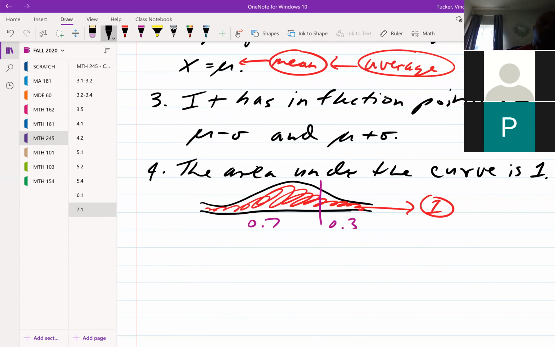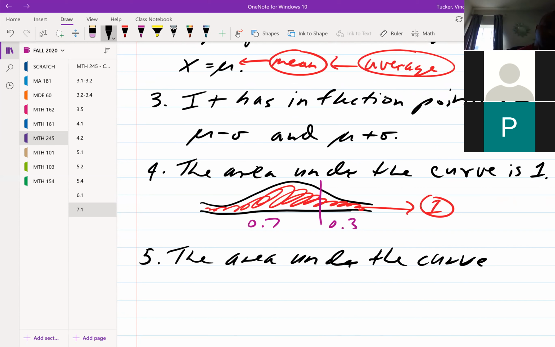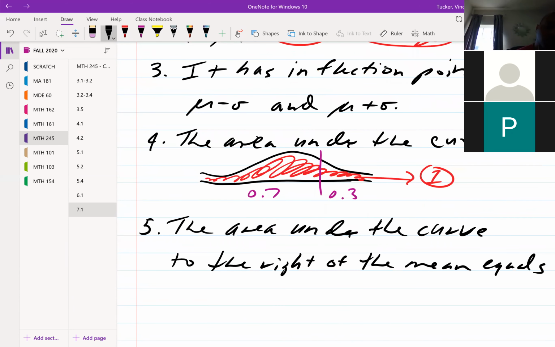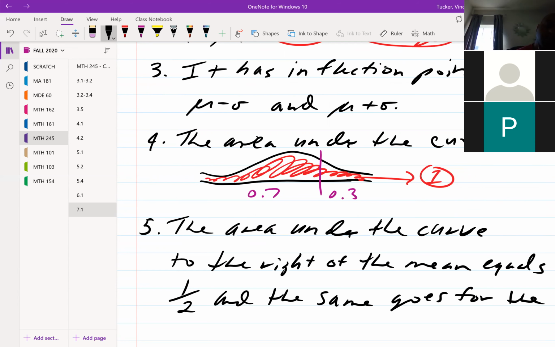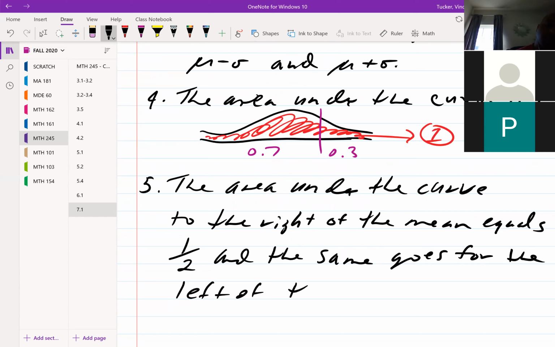All right, so the area under the curve to the right of the mean equals a half, and the same goes for the left of the mean.